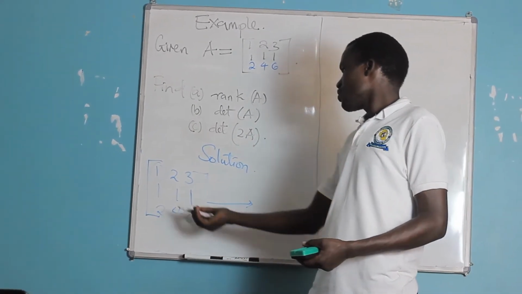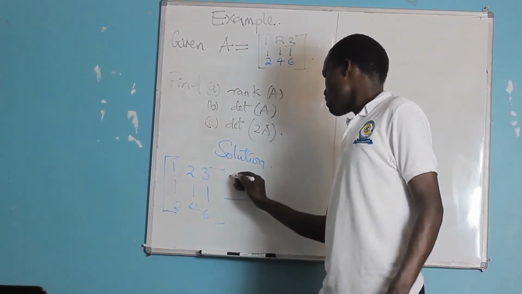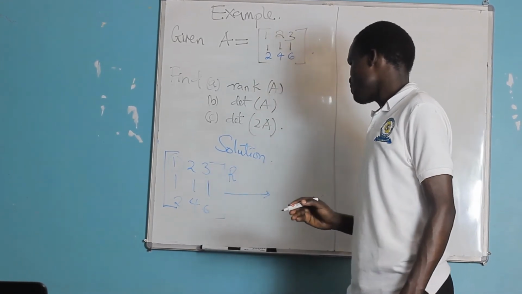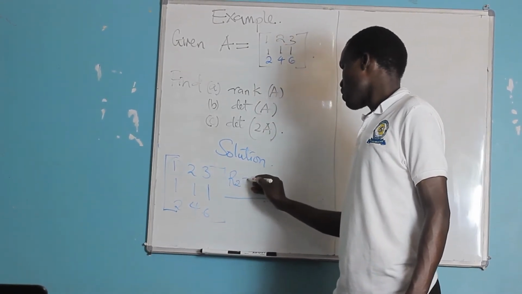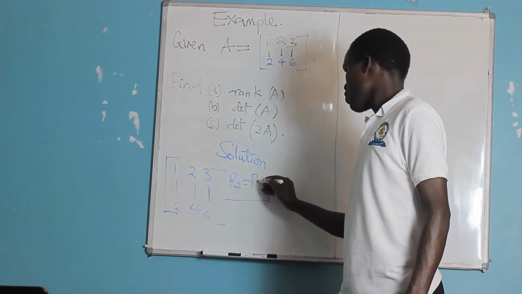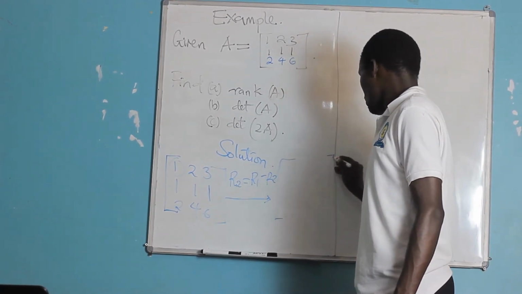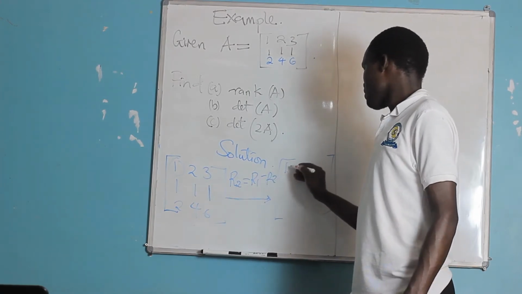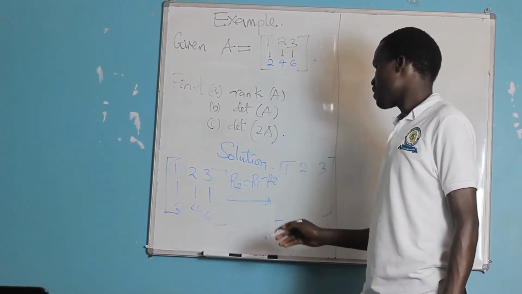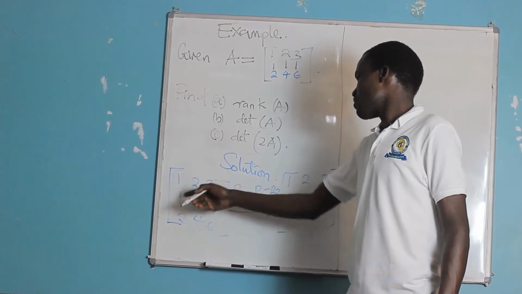Okay, to reduce this one into 0, you take R2 minus R1 as the new R2. So R1 remains as it is: 1, 2, 3. Here it will be 0. This one and this one is 0.